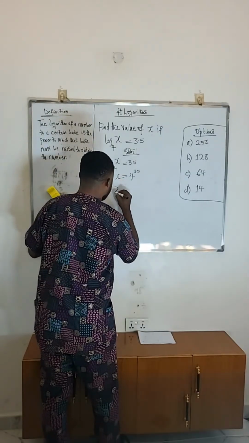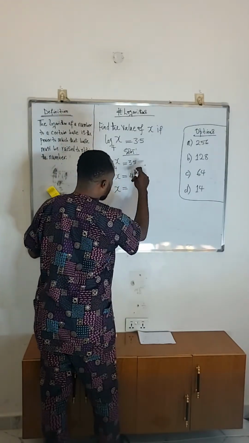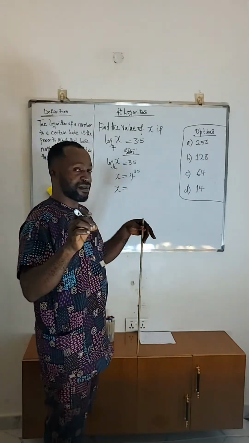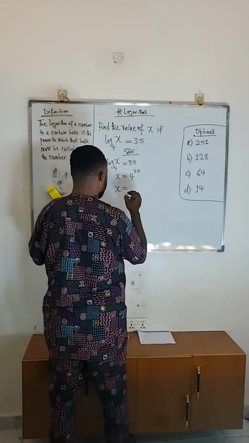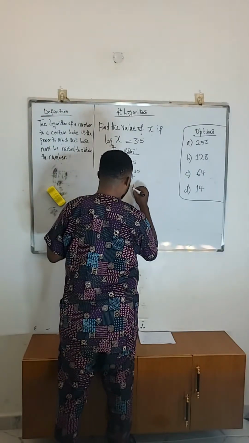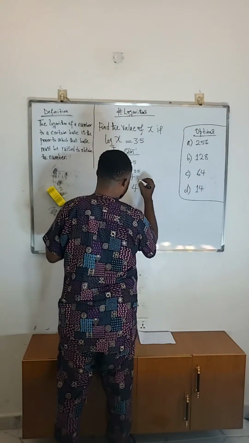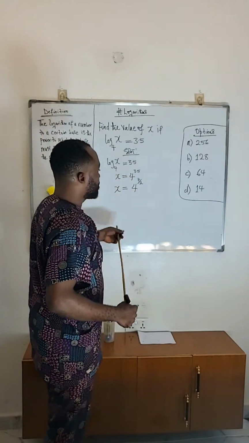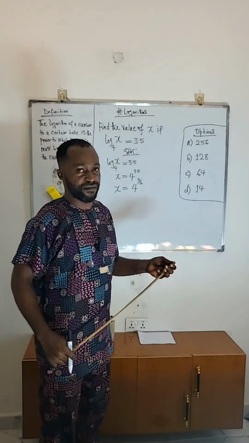We can now say again that x, let's change this 3.5 from decimal to a fraction. That would be 4 raised to the power of 7 over 2. 7 over 2 is the same thing as 3.5.